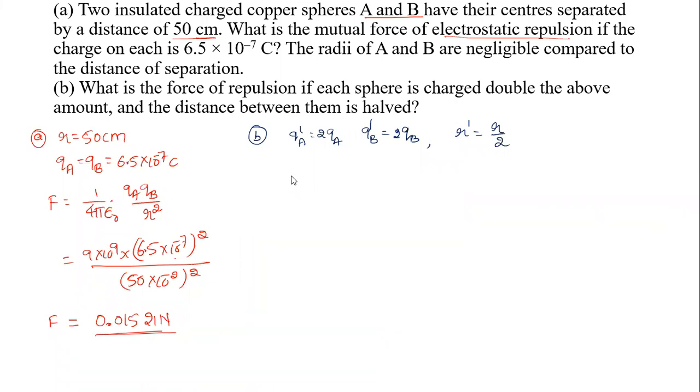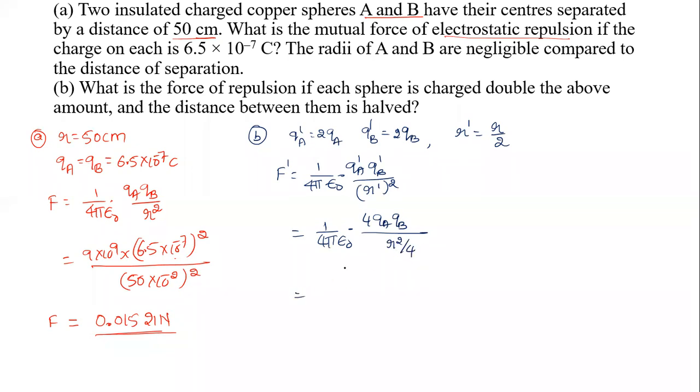Now I want to find the force in this situation. Again I use the formula: new force F' = 1/(4πε₀) × qA' × qB' / r'². Inserting the values, I keep 1/(4πε₀) as it is, qA' qB' becomes 4 times qA qB, divided by r'² where r' is r/2, so r²/4.